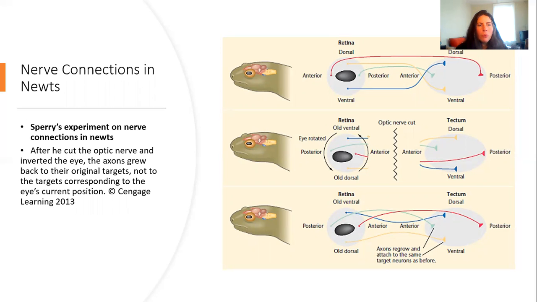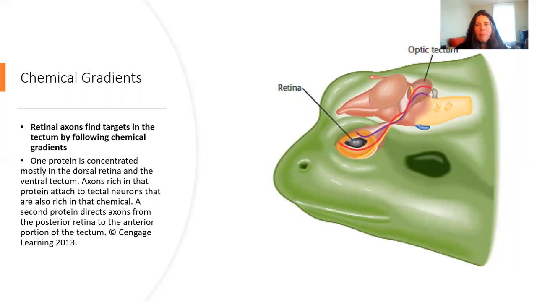Right, so they grew back to their original target, not the target corresponding to the eye's current position. Again, they do that by following a chemical gradient. There are different concentrations of proteins in the dorsal retina and the ventral tectum, so axons that are rich in the protein attach to the neurons that are also rich in that chemical.